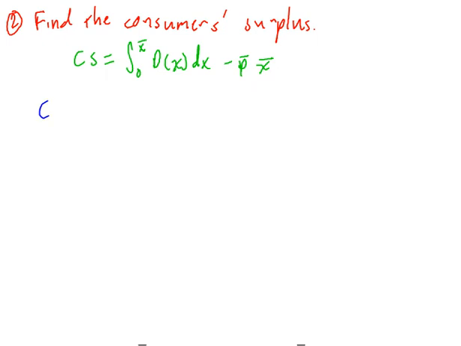For this specific example, our consumer surplus is the integral from 0 to x bar, which is the quantity sold.